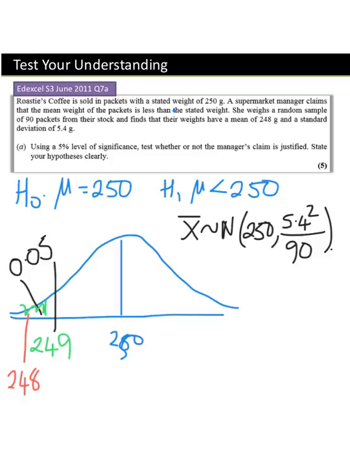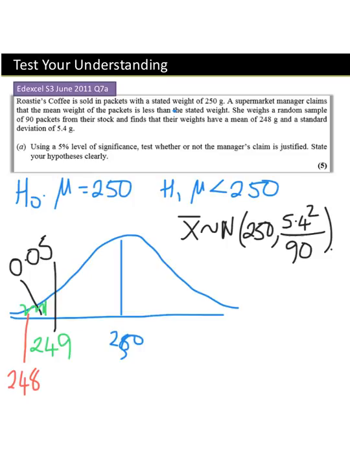So a sample had a mean weight of 248 grams and a standard deviation of 5.4. So testing at the 5% level of significance, we can see that 248 is in the critical region.